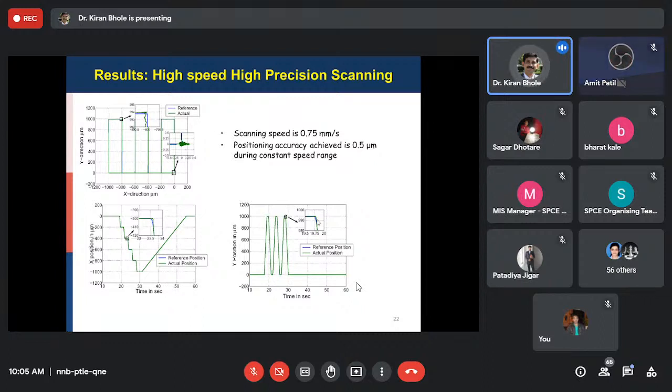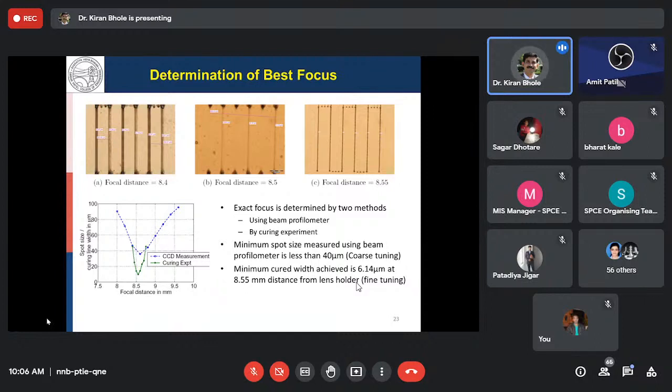Then you require a scanning mechanism that gives accuracy or resolution in the range of nanometers, then only it is possible. So these actual results demonstrate that the mechanism is capable enough to develop scanning resolution in nanometers, and thus it can be used for fabrication of the component.